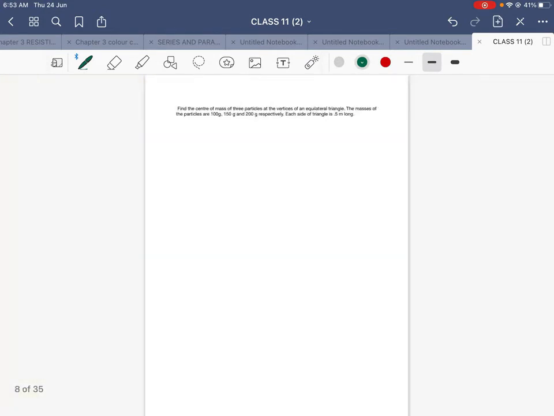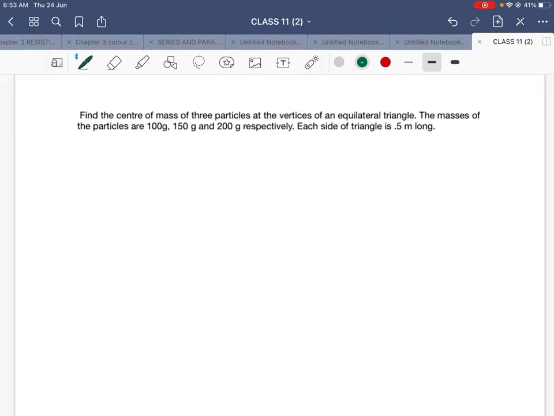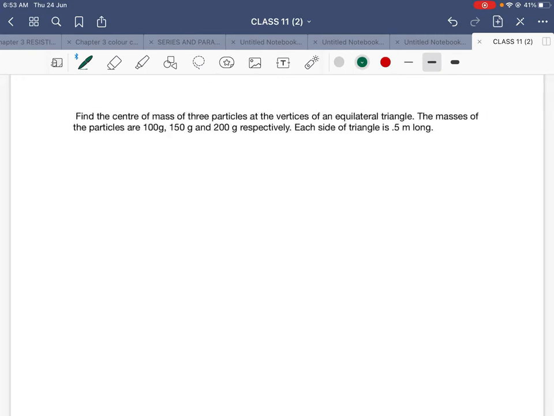Next, now consider some examples of how to find the center of mass of a system if three particles are given in a plane.